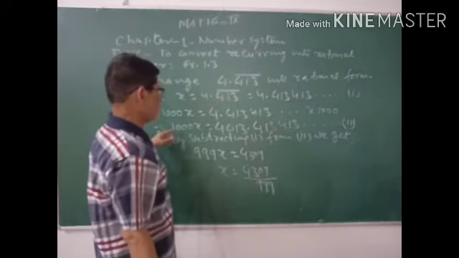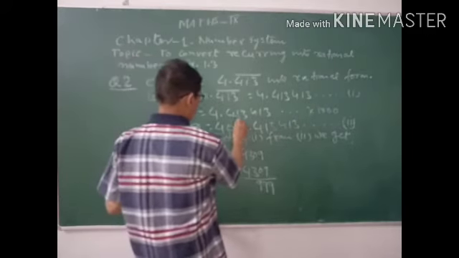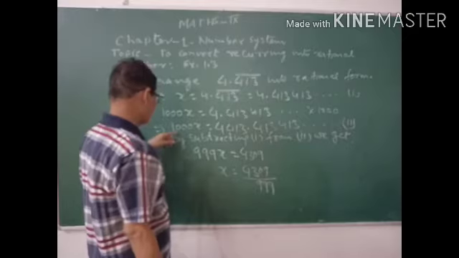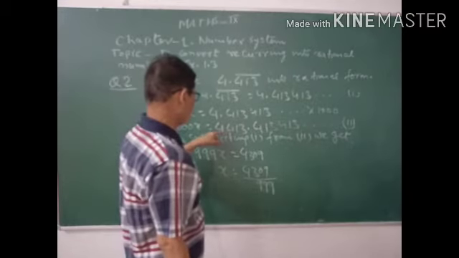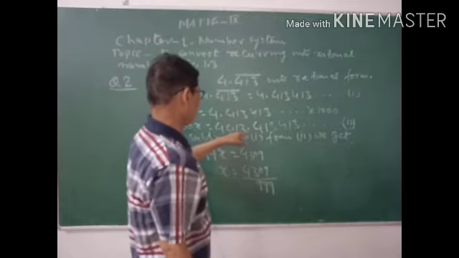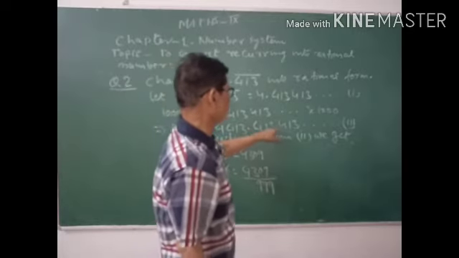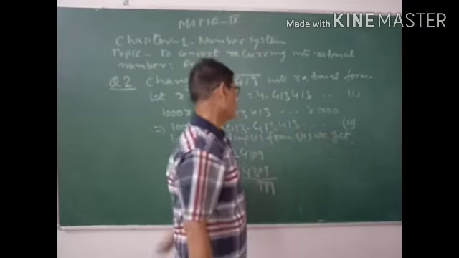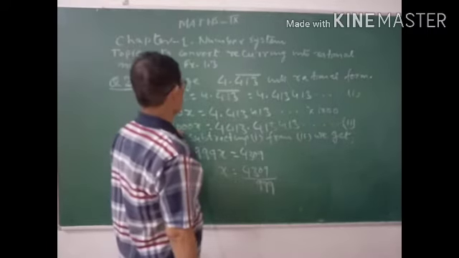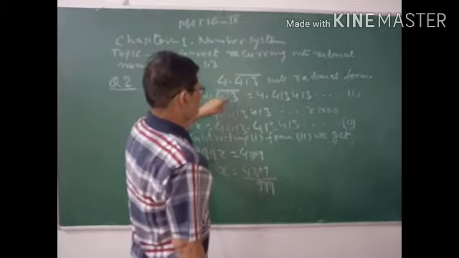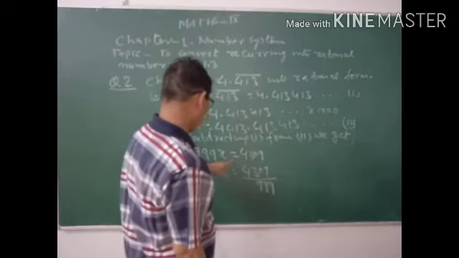Then what will happen? One set of recurring will come out and this will become 1000x, and this will become 4413.413413. Now subtract 1 from 2.